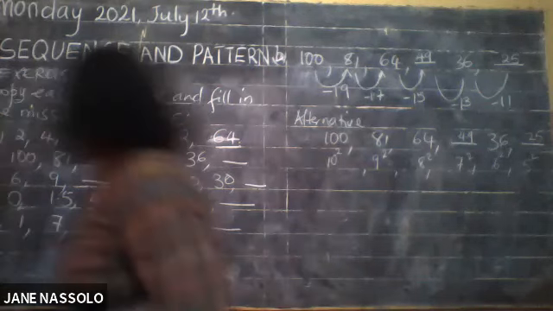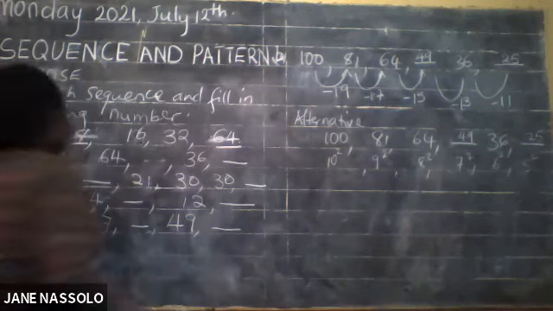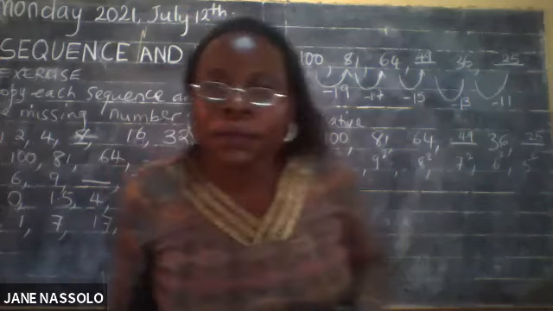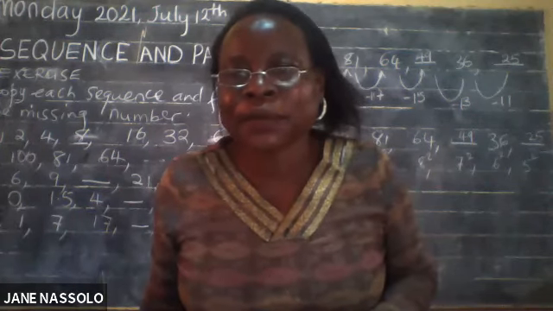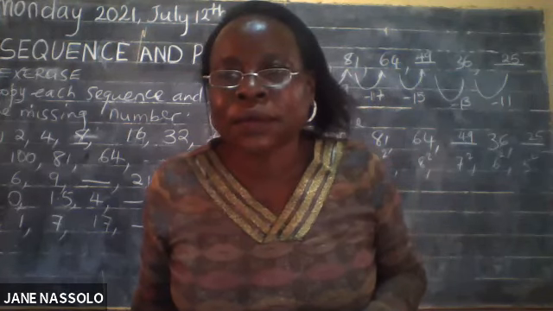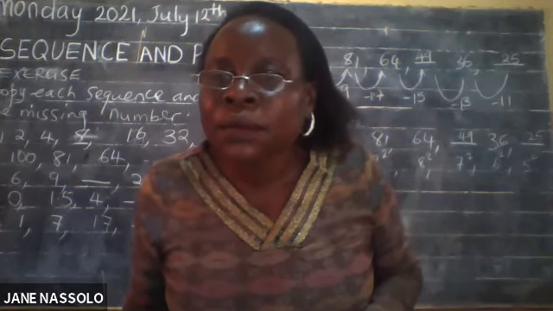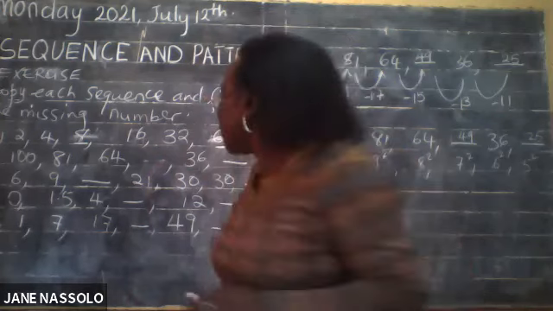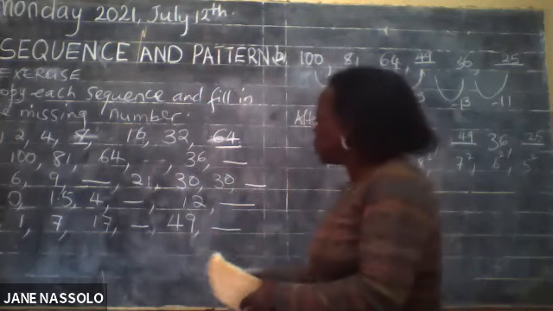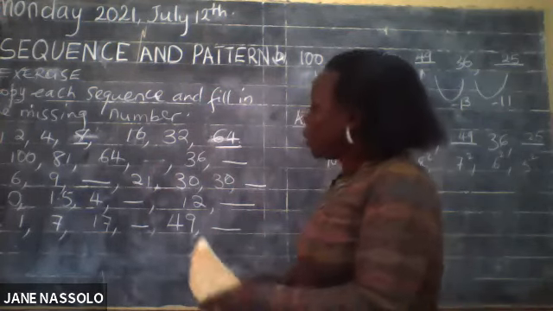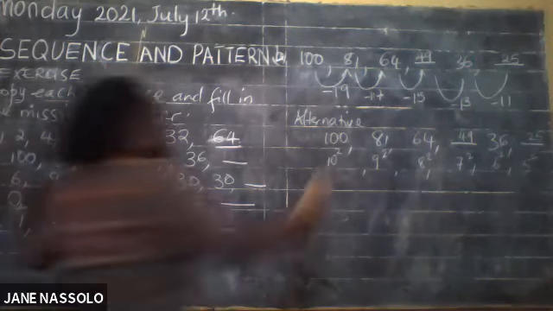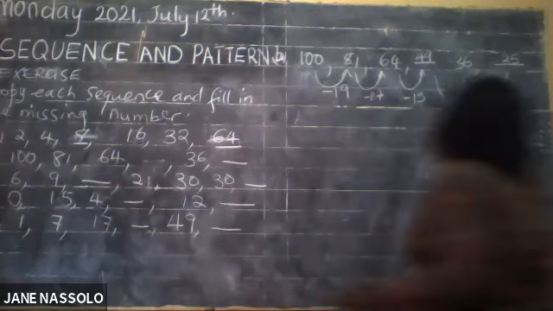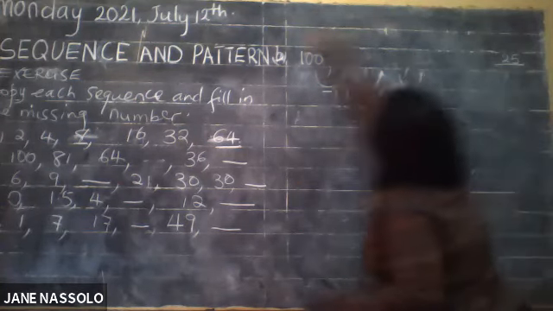Part C. Teacher, for part C, I think there is an error because 30 is repeated twice in the sequence. Okay, let's first look at the rule for the first two numbers, and then probably they can give us a hint.